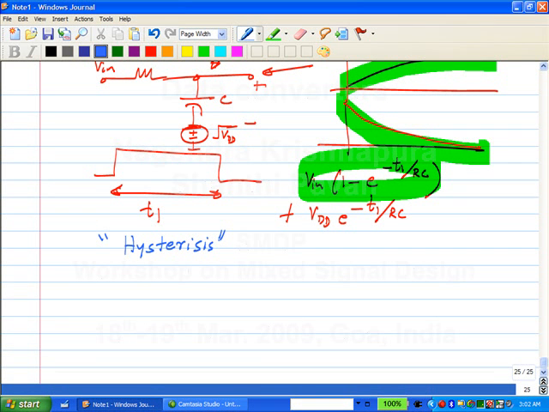You understand? And this will be especially critical for inputs which are close to zero or far away from zero. Let's say RC is small but not very small.